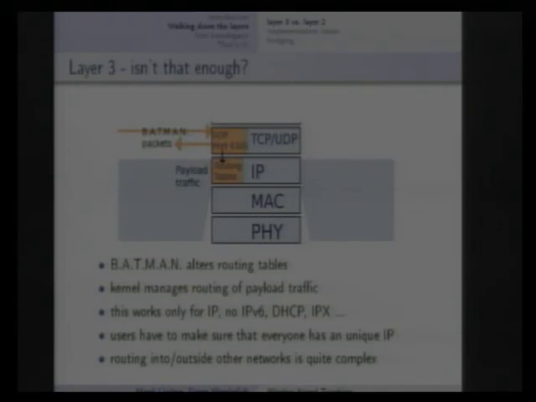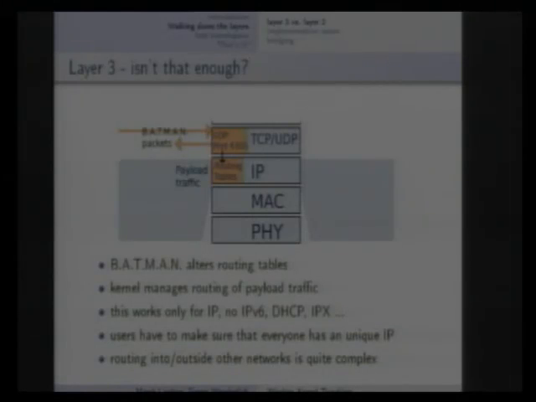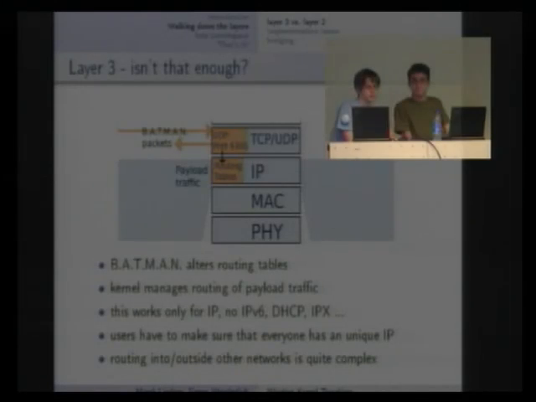The brown part is what this daemon manages, and the blue part is what the kernel manages. So you see, the daemon only exchanges routing information, for example, on some UDP port, and sets the routing tables. So payload traffic is routed by the kernel.